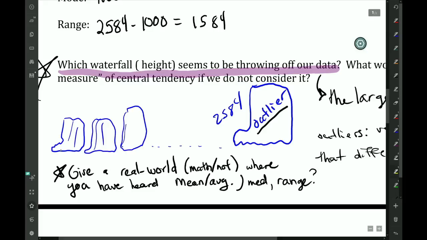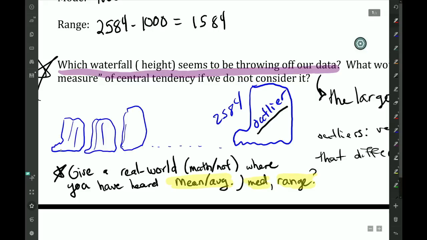Only those three, because sometimes mode isn't really heard of all that much. So mean, median, range, where you found your own examples in the real world, can be math or not. That's what I'd like you to put on Google Classroom, and hopefully you understand outliers and average and such.